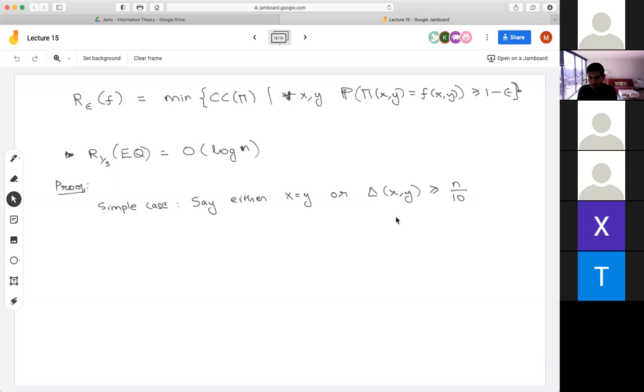And it might be easier to start with this simple case where I tell you something more, that either x is equal to y or they differ in at least 1/10 of the positions. So either they are exactly equal or they're very different. So we can't just have this tiny case where we changed y in one position. Now, any guesses for how to communicate just a little bit if you have randomness?